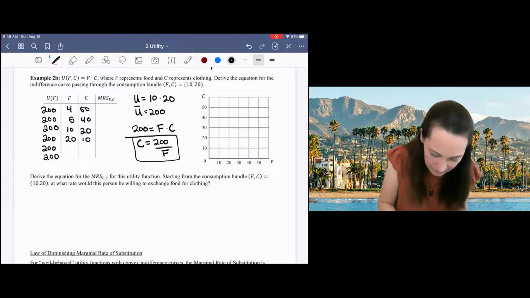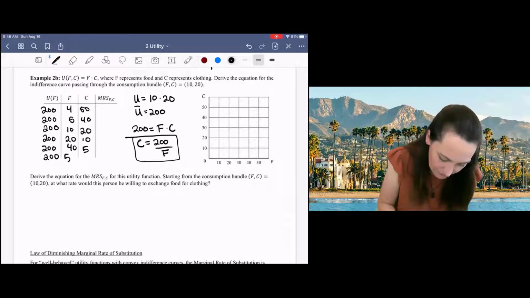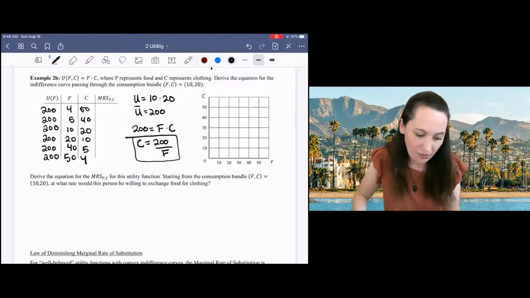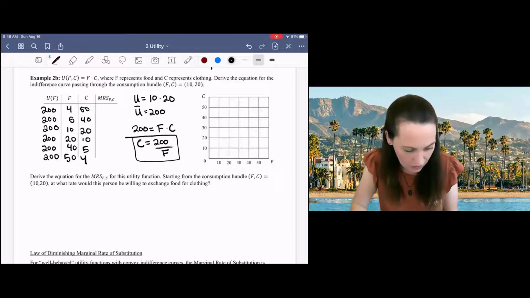And then the inverse is here, 20 and 10, 40 and 5, and 50 and 4. All right, and I can plot some of those here on the graph to get a sense of what my indifference curve looks like.